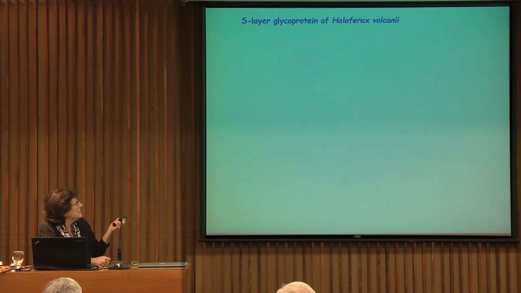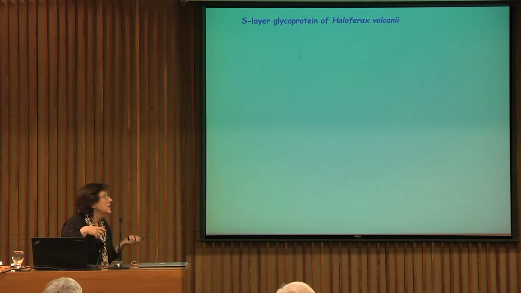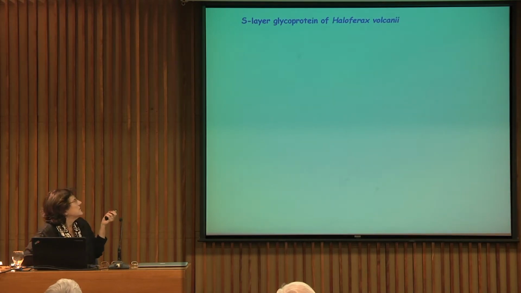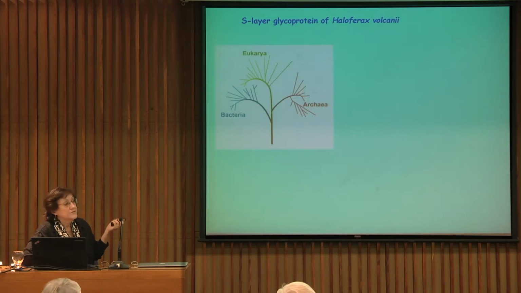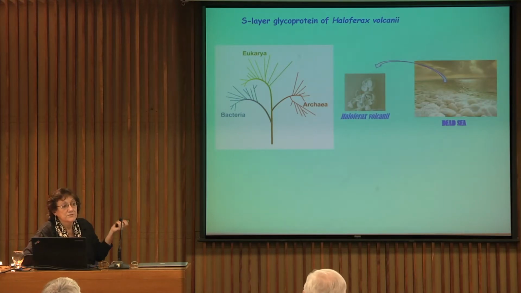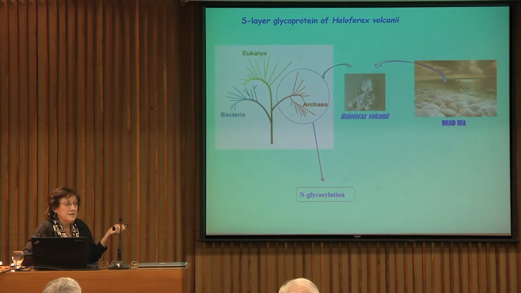So, I am just going to show you two examples of different glycoproteins. In this case, we studied the S-layer glycoprotein from Haloferax volcanii. Haloferax is an archaea. It was first isolated from the Dead Sea. And archaea glycoproteins are known to be very much N-glycosylated.